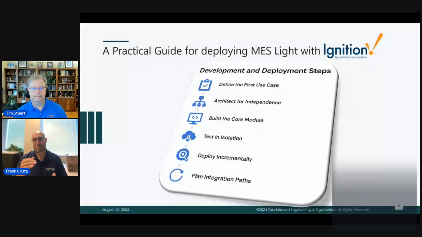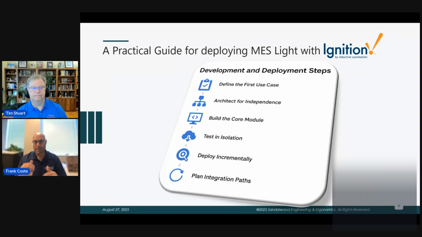I'll quickly call them out here, and then I'll go more in depth on each of those steps. The first one, which is very different from traditional MES, is defining that first use case, right? You want to start off with an operational pain point. It's not a technical wish list, right?